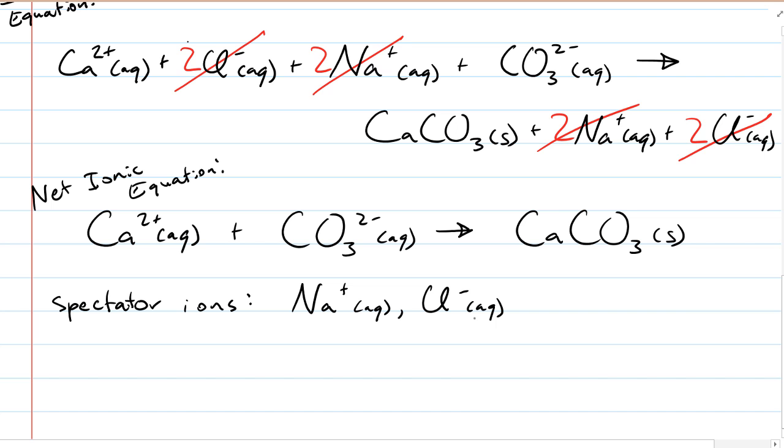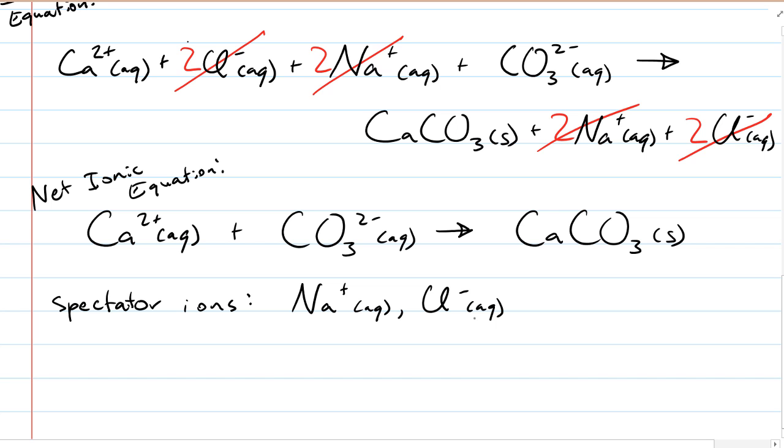First of all, the net ionic equation is the actual reaction that happened in here. So the net ionic equation represents the actual chemical reaction that took place. And the actual chemical reaction that took place is that calcium ions hooked up with carbonate ions and formed calcium carbonate.